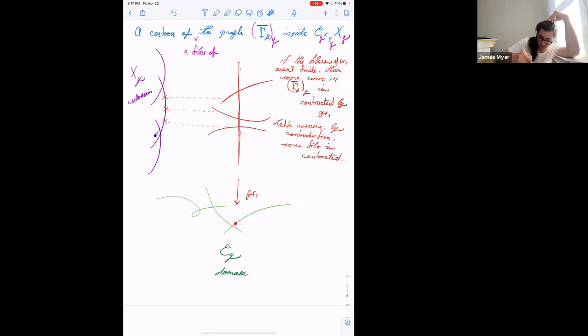Like the markings on this one would have to get sent to, let's say this component gets mapped onto this. When I pull this component back, it gets mapped onto this particular component. Then these points have to get sent to markings on this curve, which is also what we want to arrange.